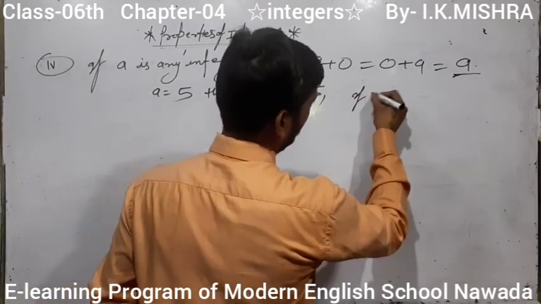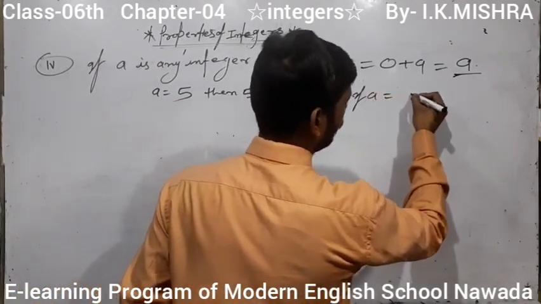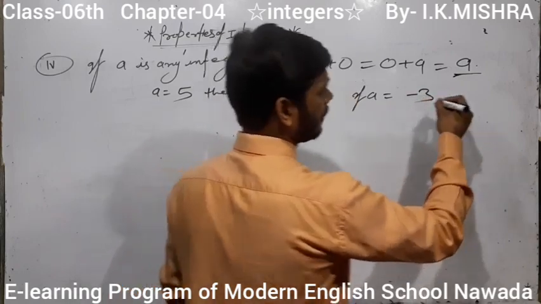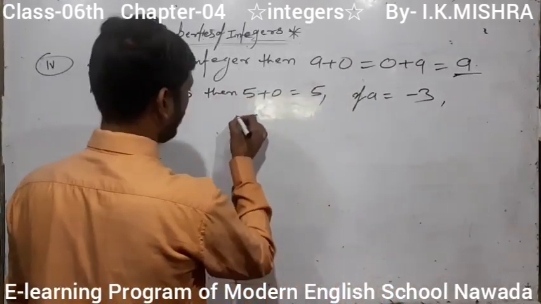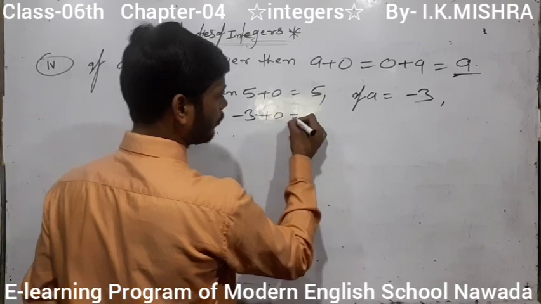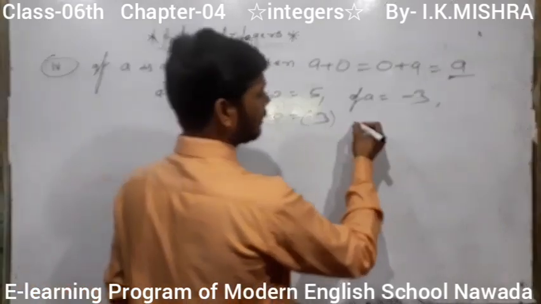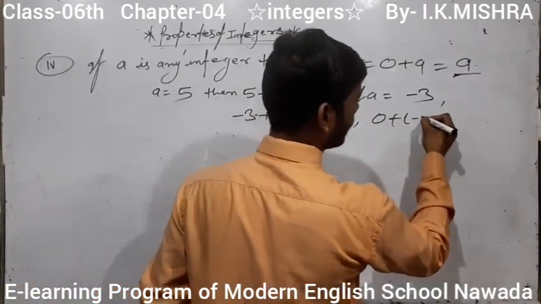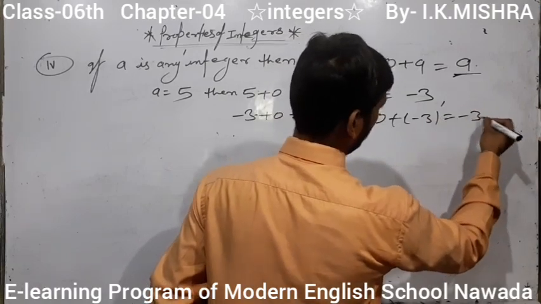If A equal to minus 3, then minus 3 plus 0 is equal to minus 3. Here, 0 plus minus 3 is equal to minus 3.